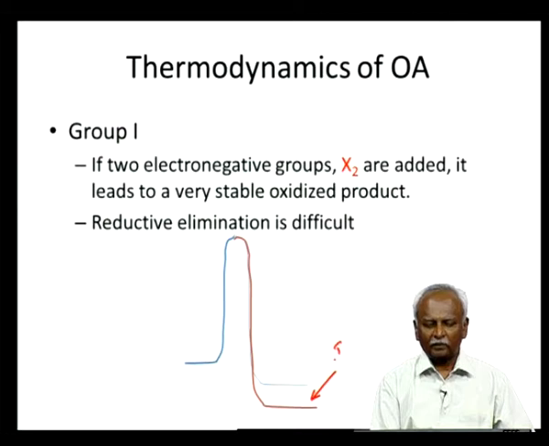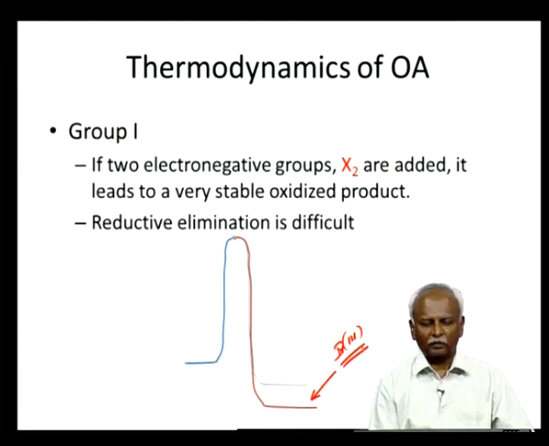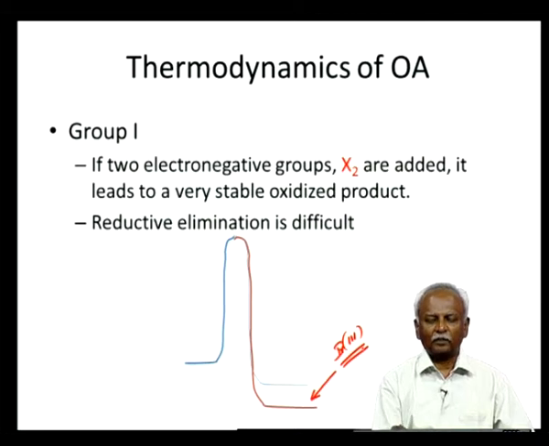So, iridium 3 becomes more stable when you have 2 electronegative groups in the coordination sphere. The formal oxidation state of iridium as plus 3 becomes more stabilized when you have 2 electronegative groups. Then reductive elimination is a lot more difficult.